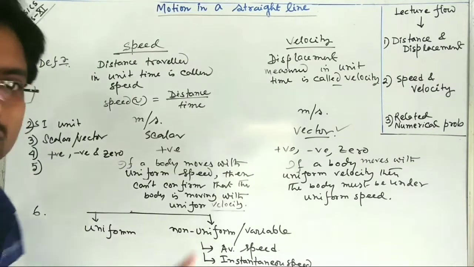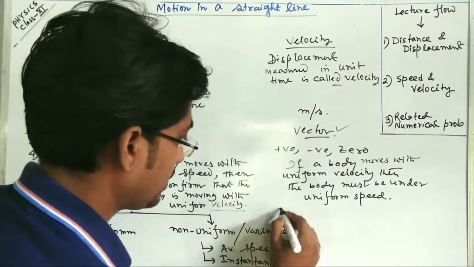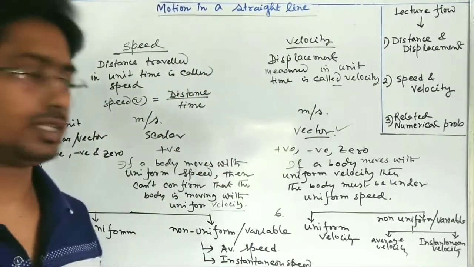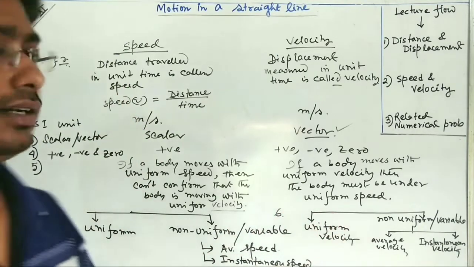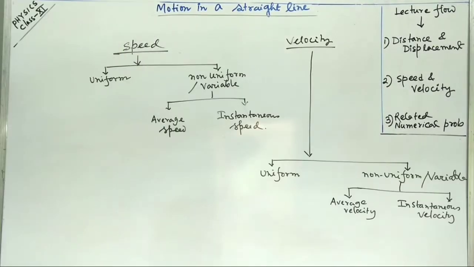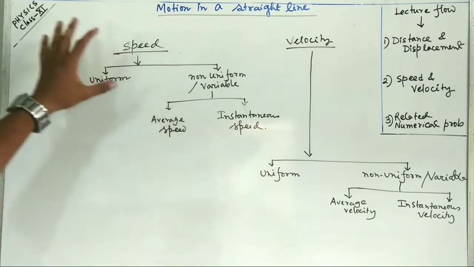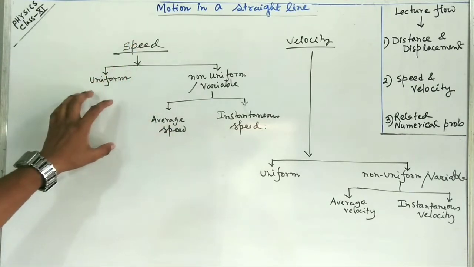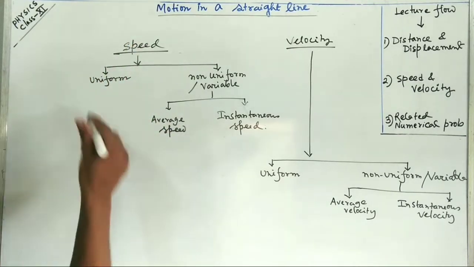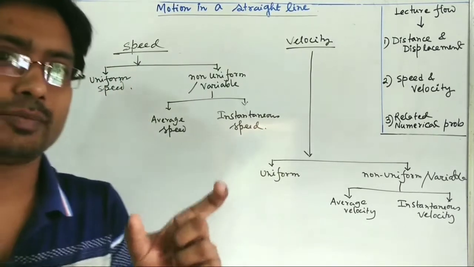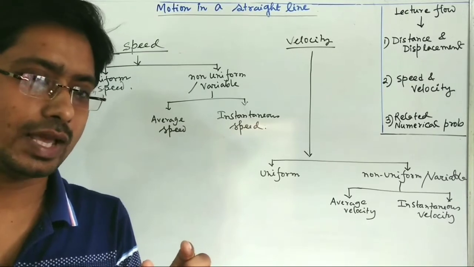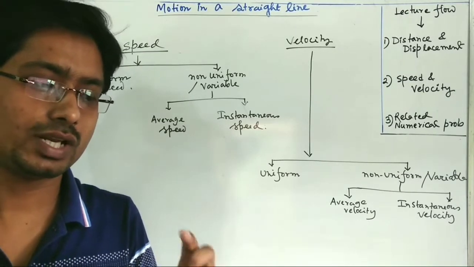Now, in the same way, in the sixth point, we will emphasize the classification of speed and velocity. We have redrawn the figure once again. Speed can be classified into uniform speed. What is the definition of uniform speed? I have told you, if a body travels equal distances in equal intervals of time.